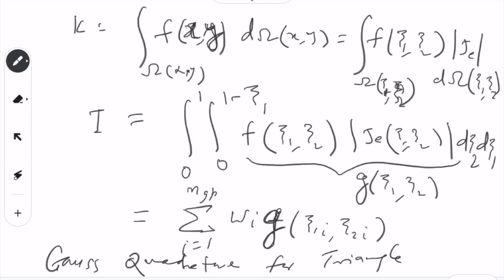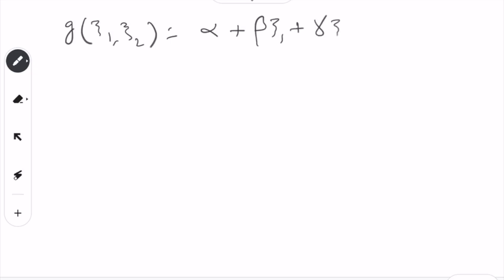So how do we do it? Let us say G of xi1 xi2 is of this form, a constant, so let us say alpha plus beta xi1 plus gamma xi2.